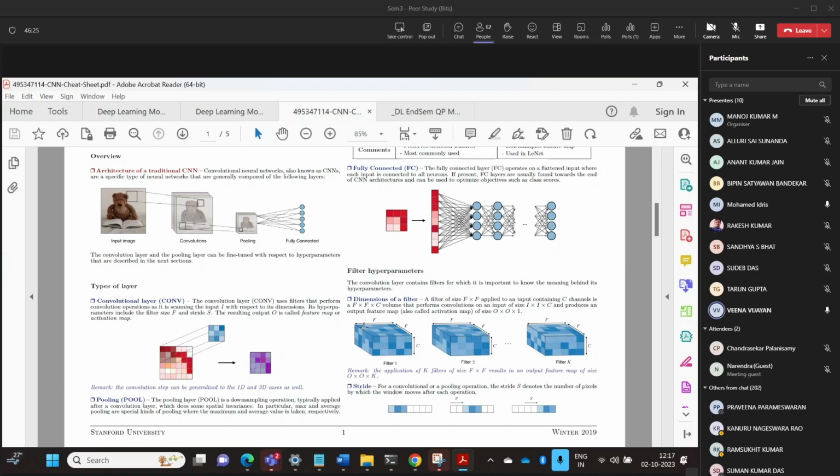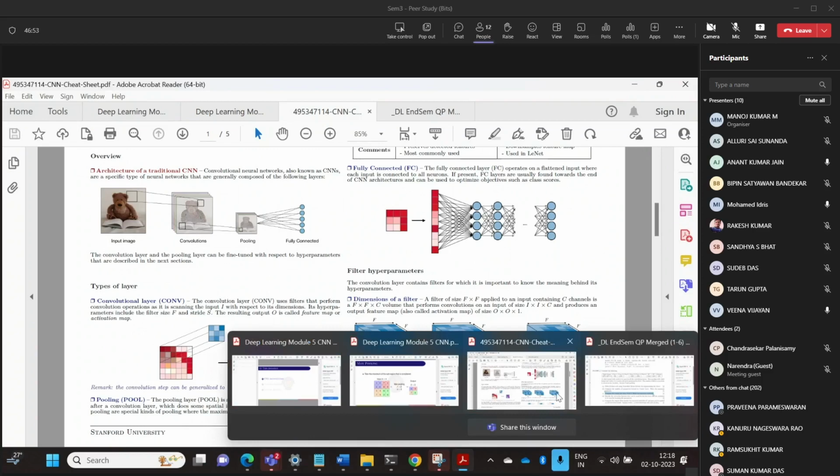What we have seen is the filter is 3 by 3. This F by F is the filter size and C is the channel, 64. What are they asking in this question?